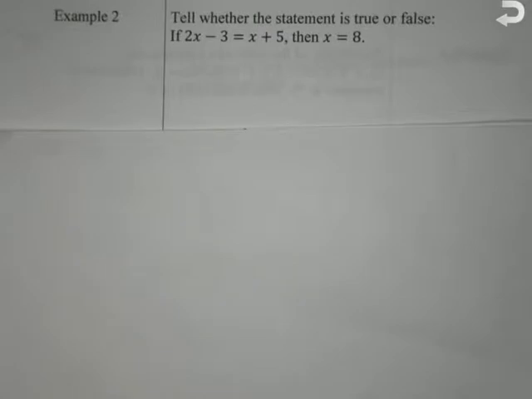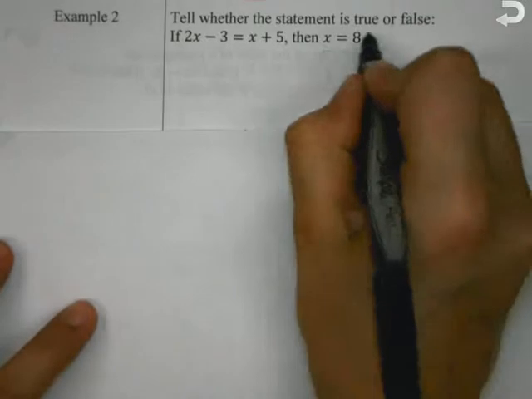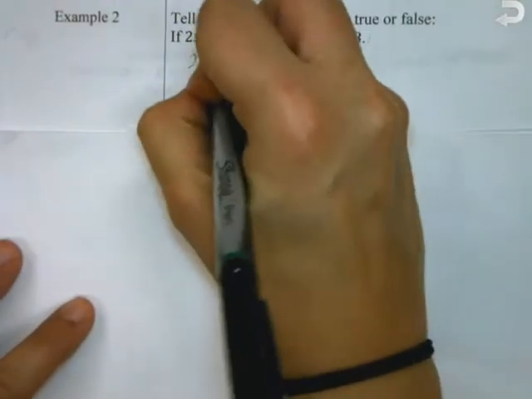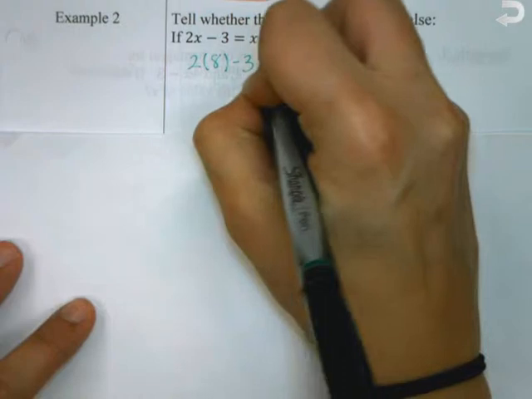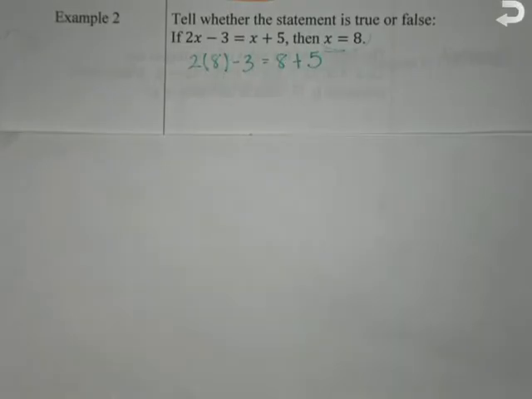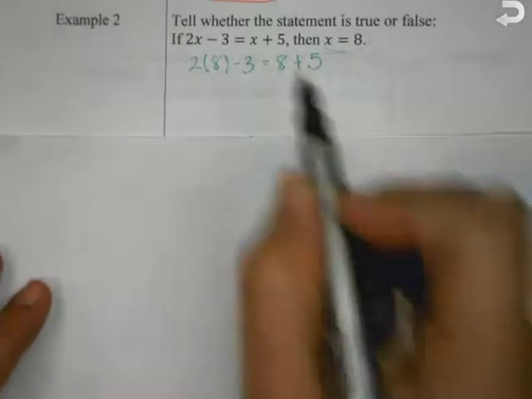We can plug our answer in. So let's plug it in. So that's going to be 2 times 8 minus 3 equals 8 plus 5. And you do actually need to show your work here. I will not accept just true or false. I need to see your work in these types of problems. Okay, so then we just follow order of operations. 2 times 8 gives me what? 16.